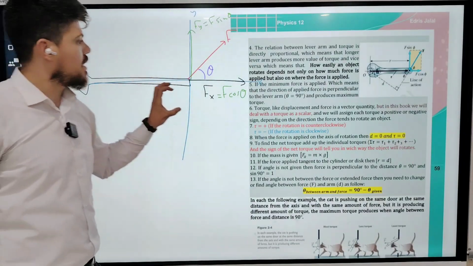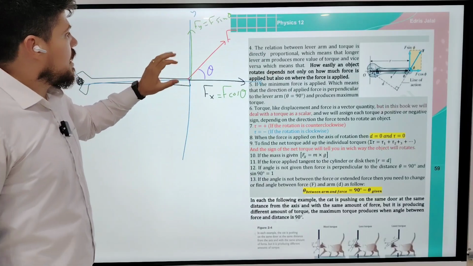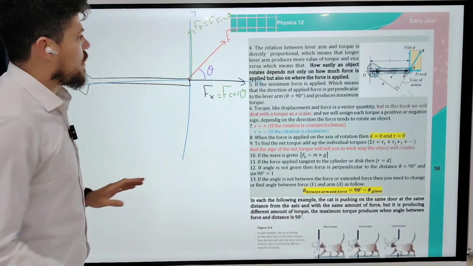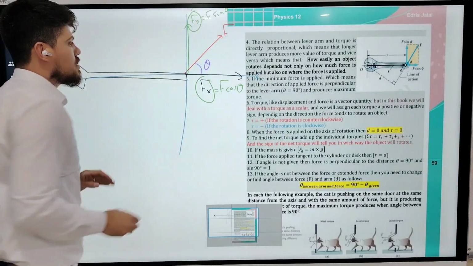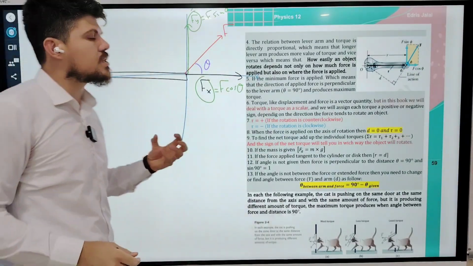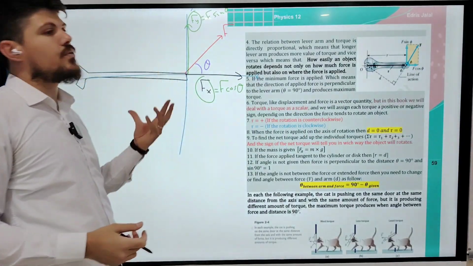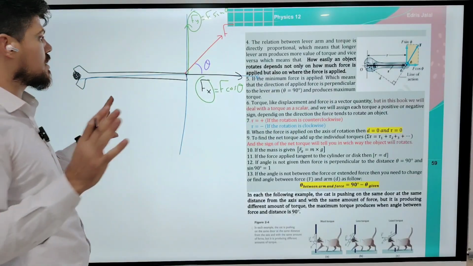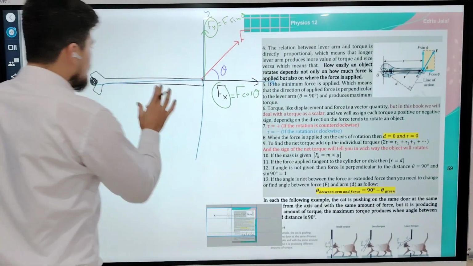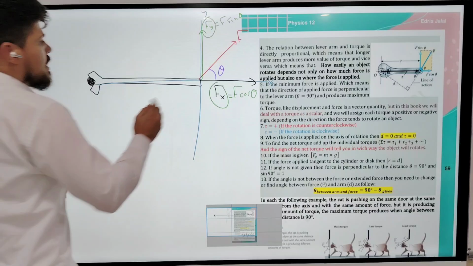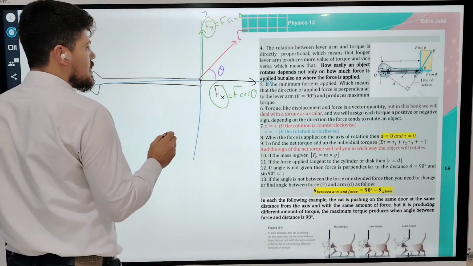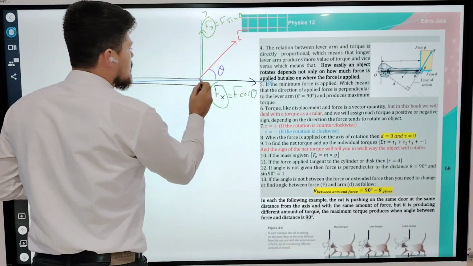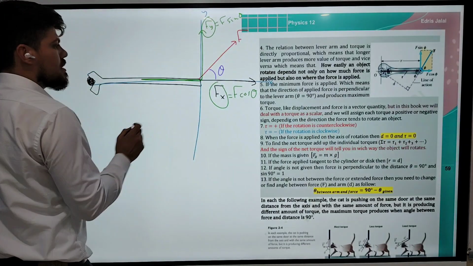So look at here and pay close attention, please. How many forces do we have now? Two, Fx and Fy. Which of these two forces produces torque? Fx or Fy, and why? This is the question. If you look at this figure, the Fx, the x component of the force, makes an angle 0 with the distance.